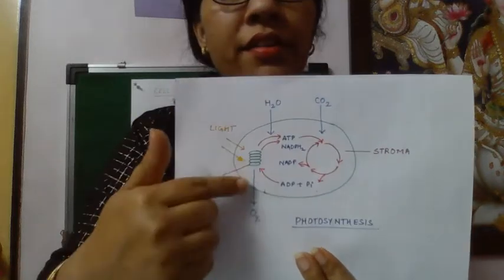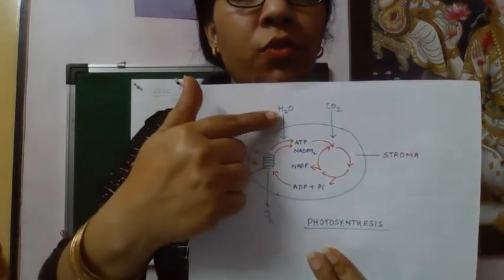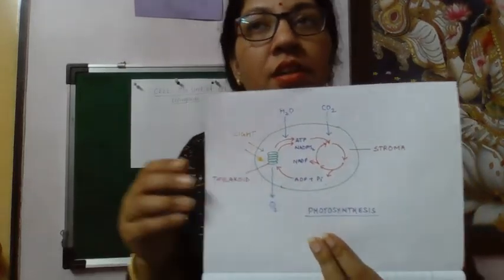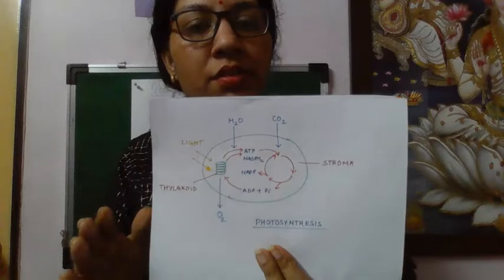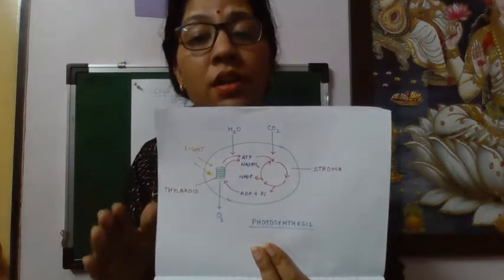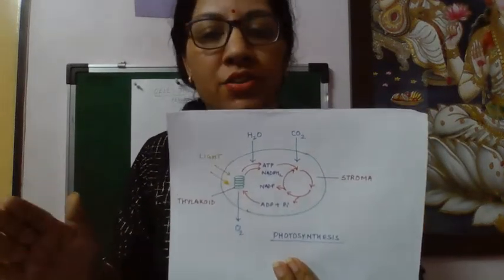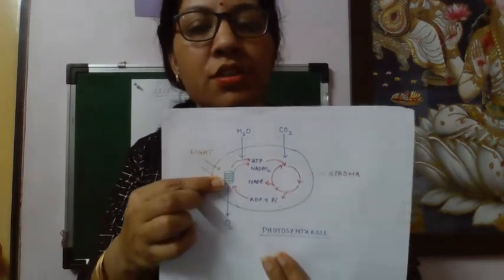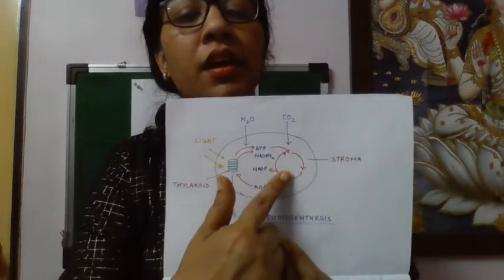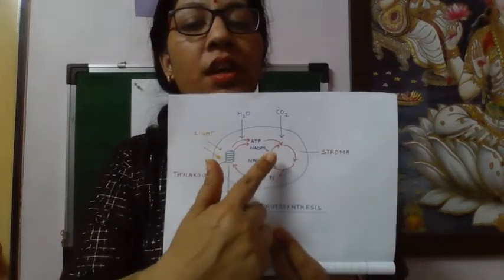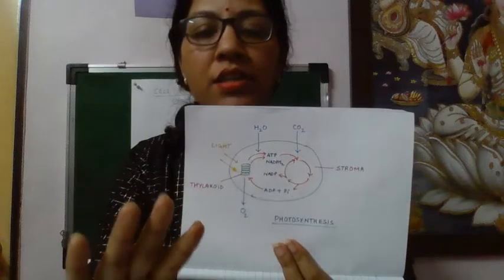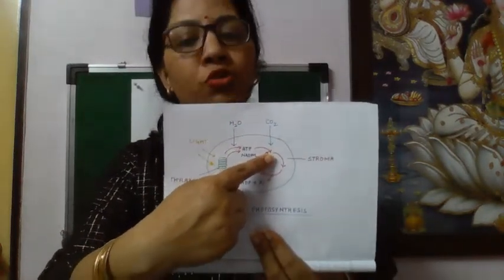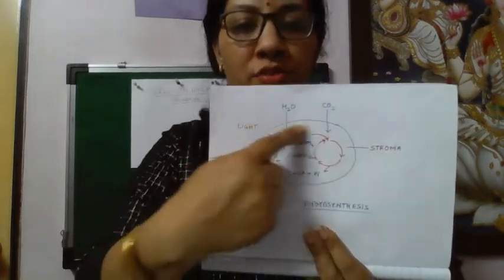Here in the light reaction, oxygen is produced because of the water, and the electrons move to the electron transport chain, which is the second stage of photosynthesis, or the dark reaction, or the light independent reaction. Here it needs light. It is a light dependent reaction or the light reaction, whereas this is the light independent reaction or the dark reaction. It does not need light. And here carbon dioxide is used as a primary source for glucose production.